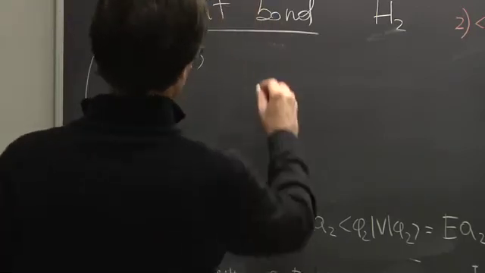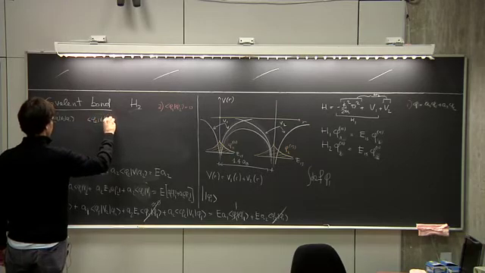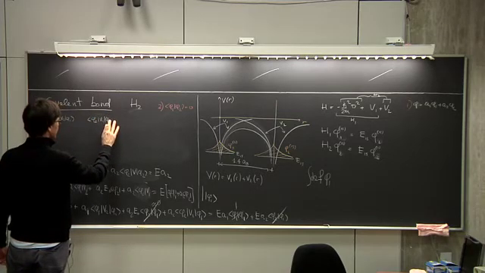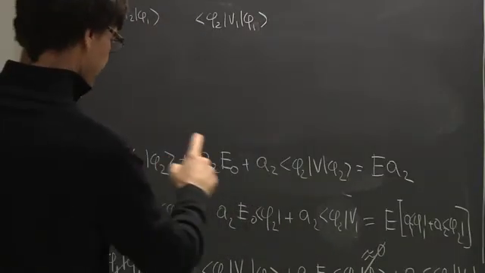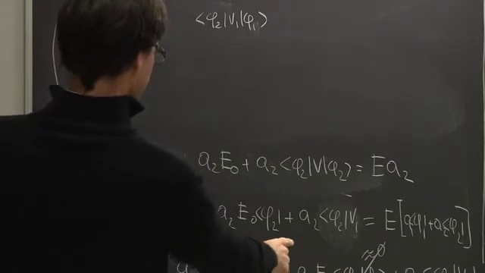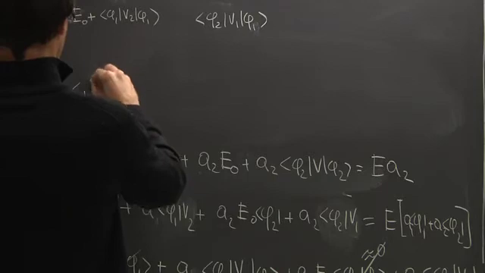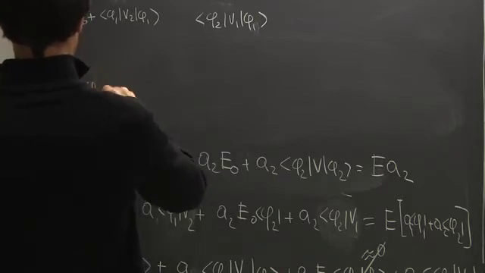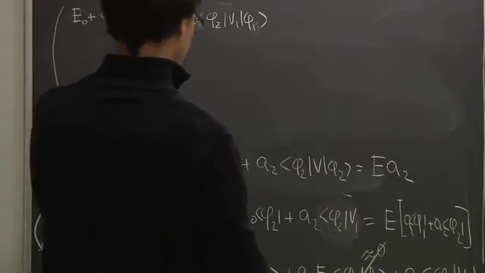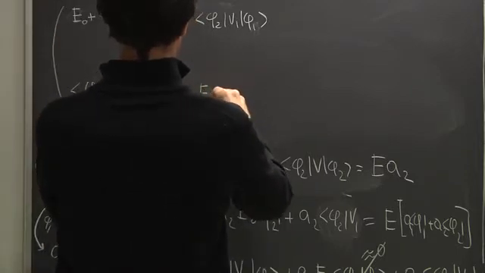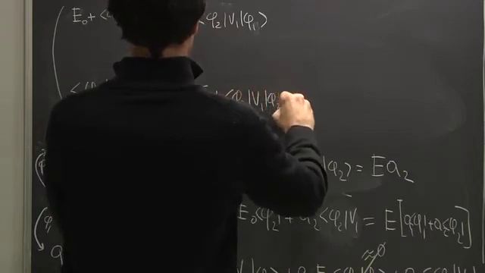Then here I have phi 2 V1 phi 2, phi 1. Here phi 1 V2 phi 2. And here I have E naught plus phi 2 V1 phi 2.